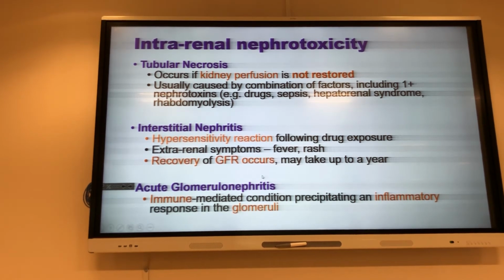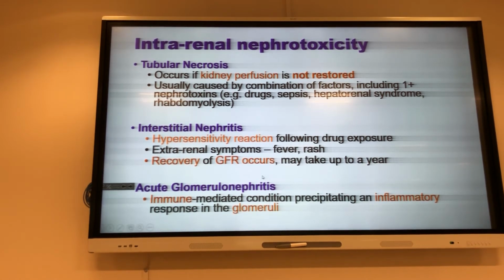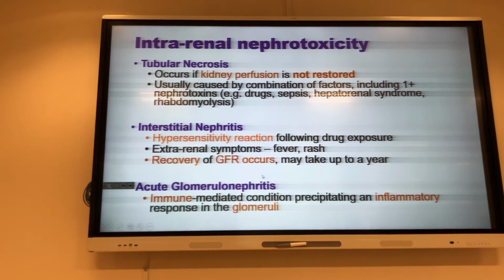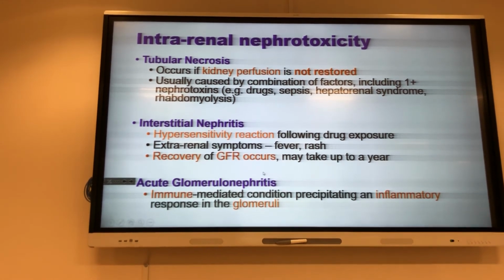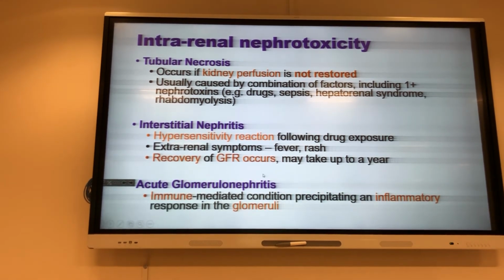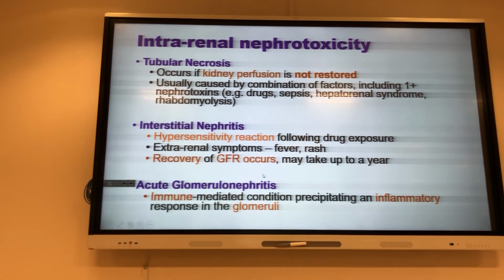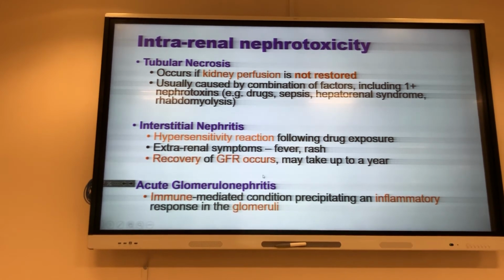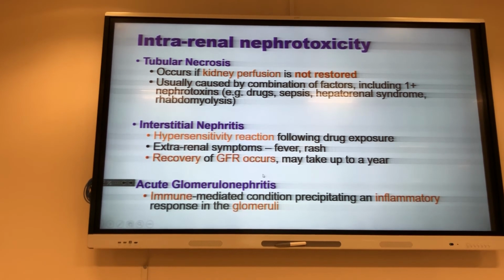Tubular necrosis usually occurs if kidney perfusion is not restored, and usually due to a combination of two factors: a nephrotoxic drug plus other issues such as sepsis, hepatorenal syndrome, or rapid hemolysis.